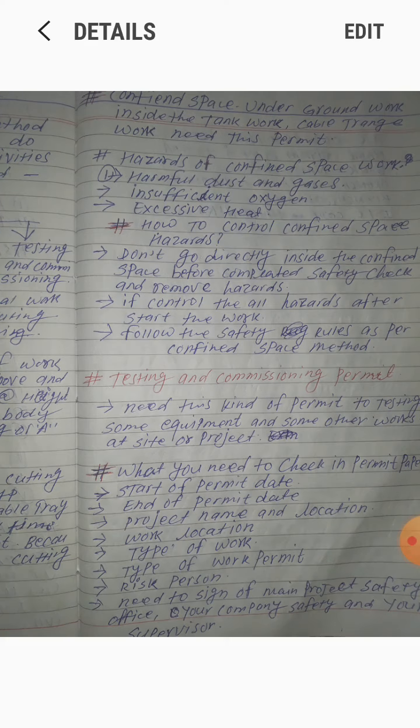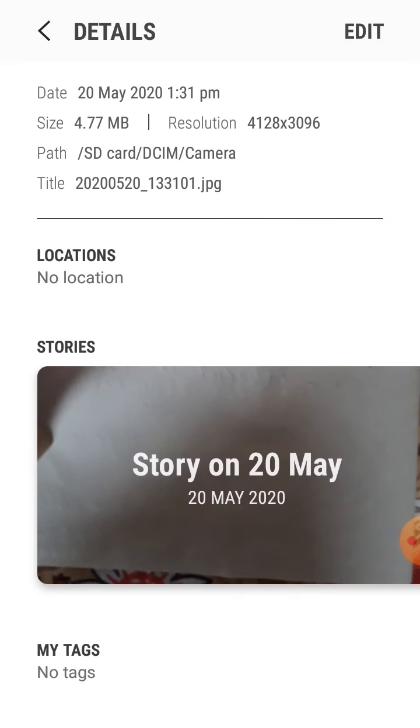So in today's class we talked about how many types of permit there are, the classification of permit, the types of permit, and which types of work need which types of permit. As per the work, you need the permit, and we also talked about the assembly point.